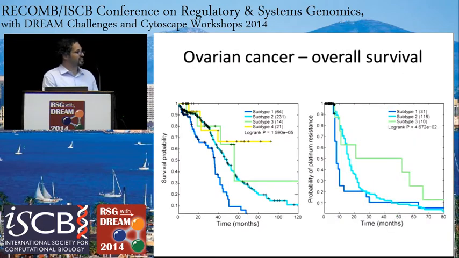And just crossing the significance threshold, we tested for association with cisplatin response. This is a proxy for cisplatin response, which is the time to disease recurrence. And it's really striking that this subtype that seems to be the sickest is also not responding well to cisplatin.